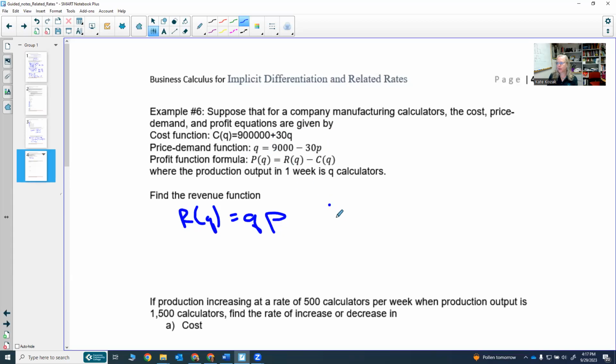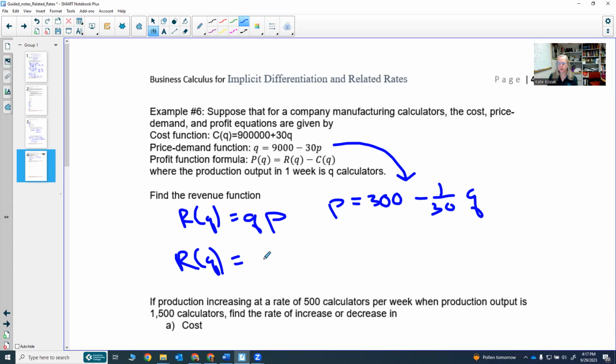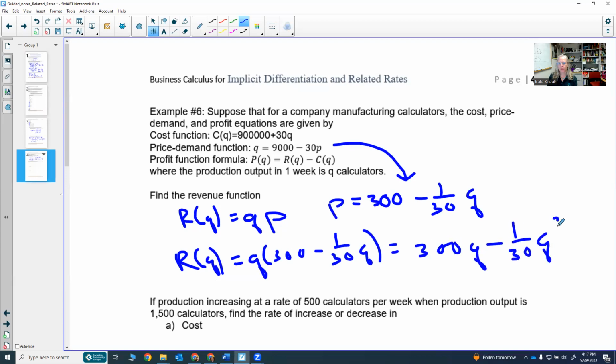If I solve that for P, I get P is equal to 300 minus 1 over 30 times Q. So just by taking the price demand function and solving for P. So R of Q is going to equal Q times the 300 minus 1 over 30Q, or 300Q minus 1 over 30Q squared.